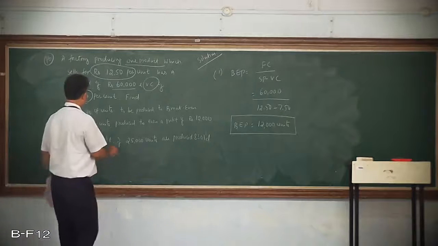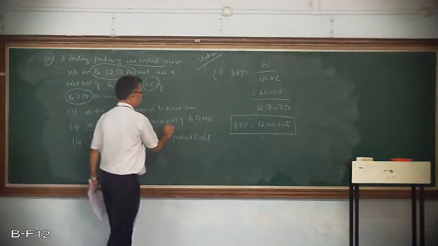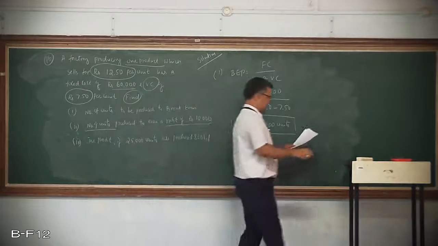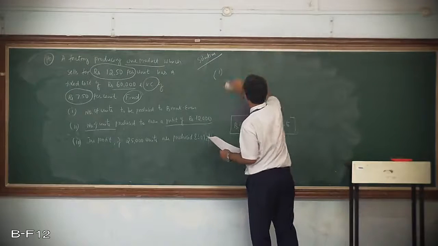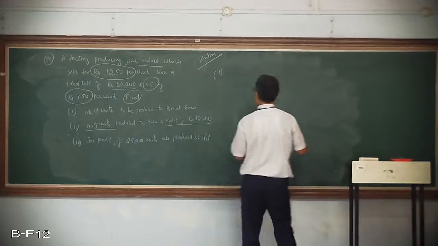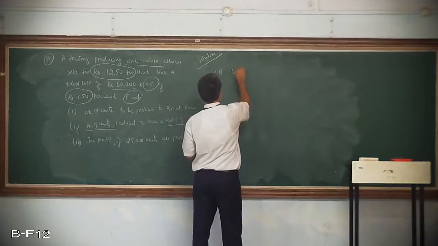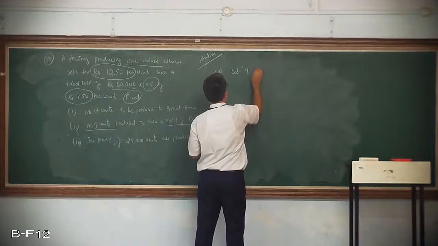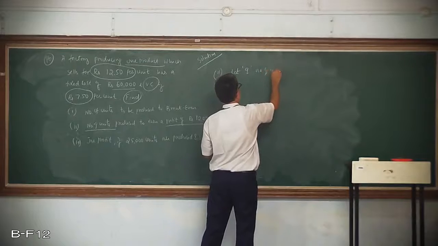Next, second, you have to find out the number of units produced to earn a profit of 12,000 rupees. Second case: let Q be the number of units produced.